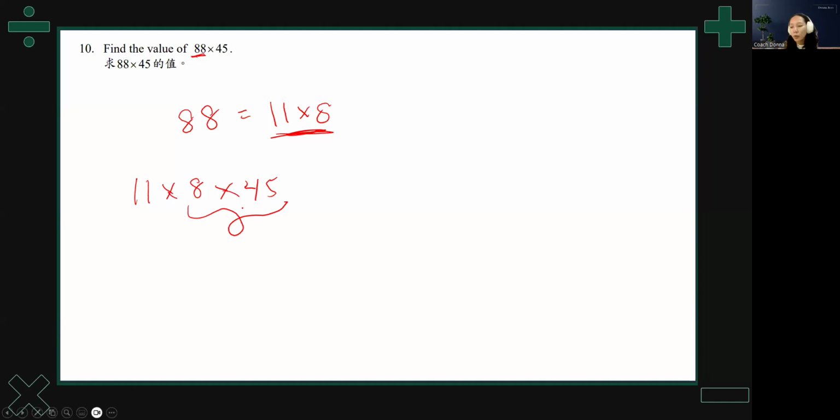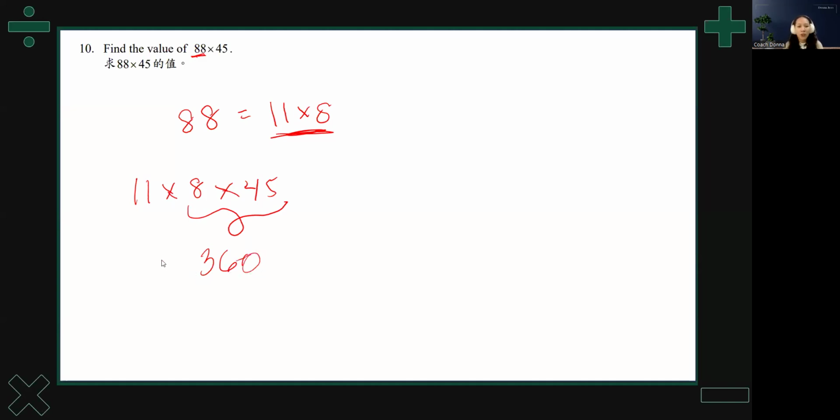So 88, let's express that as 11 times 8, right? It makes our multiplication much easier. So 11 times 8 times 45. So we just changed 88 into its factors, okay? Now multiply 8 and 45. If you multiply 8 and 45, you'll get an answer of 360.